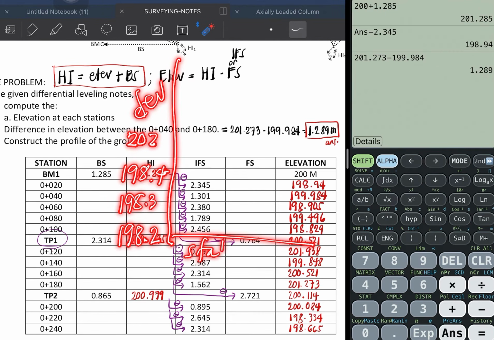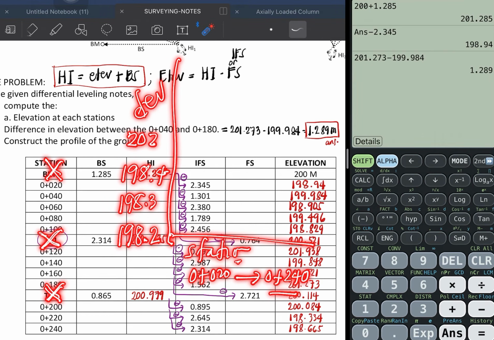Then you have the station, 0 plus 020 up to 0 plus 240. No need to have a turning point in your station, so disregard the benchmark and the turning points.